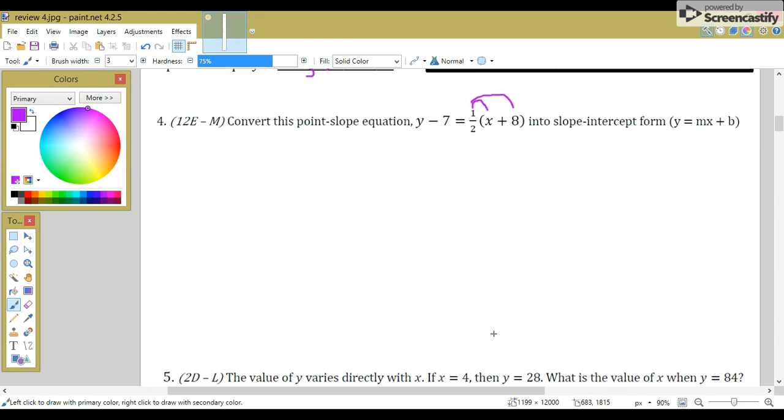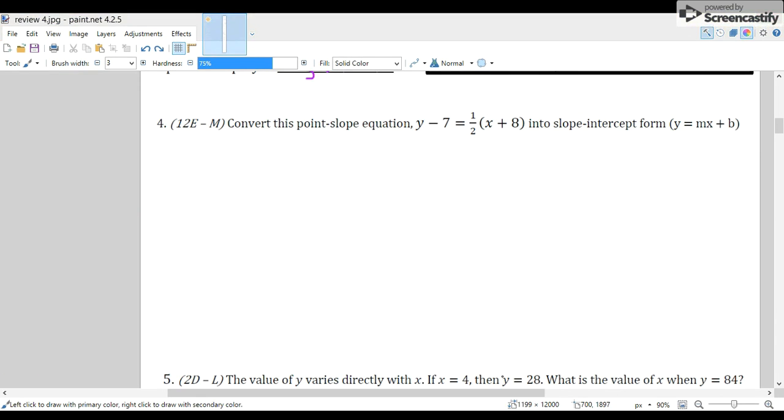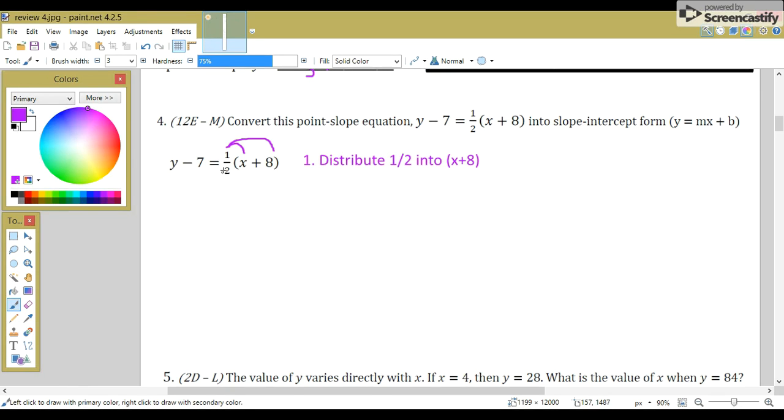Multiply each term by 1/2. 1/2 times 1x is 1/2 x, and 1/2 times 8, half of 8 is 4, so plus 4. Carry down the other part of the equation, the expression y minus 7. So y minus 7 equals 1/2 x plus 4.